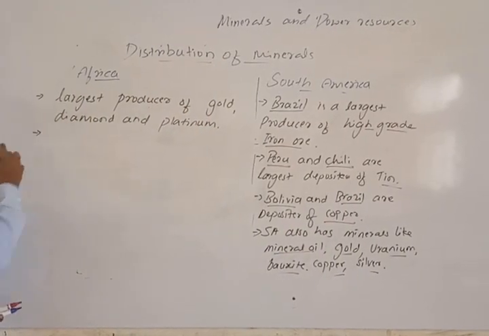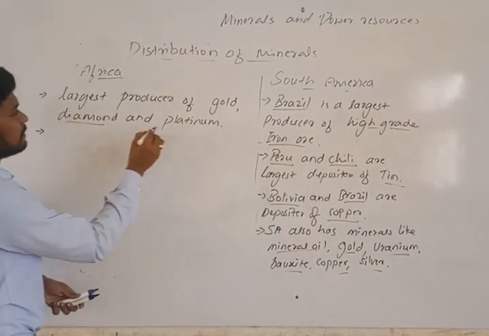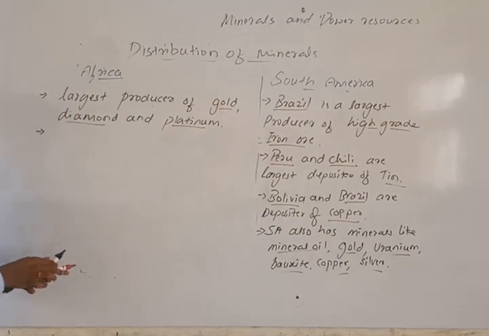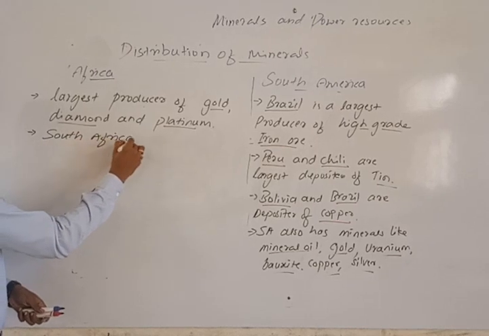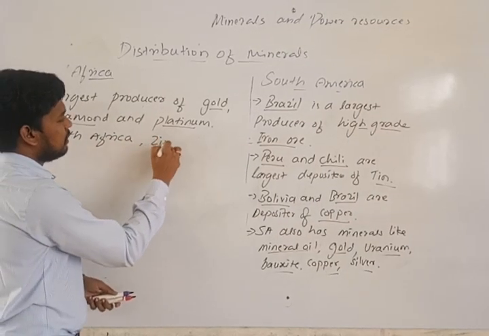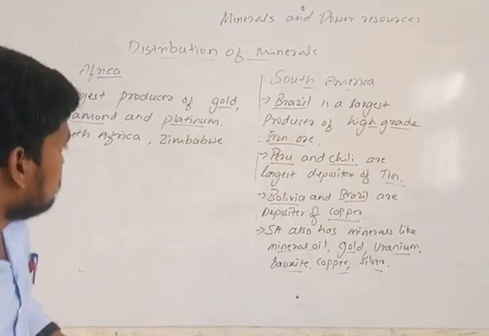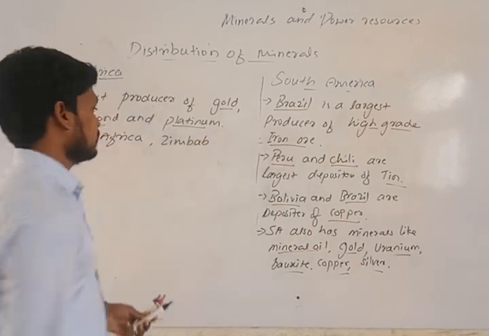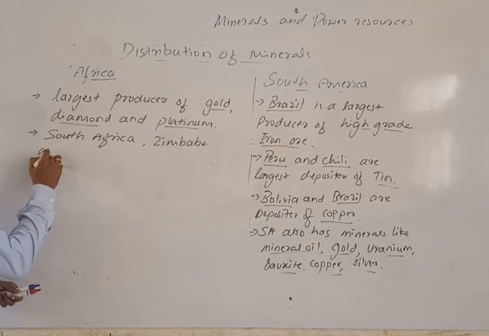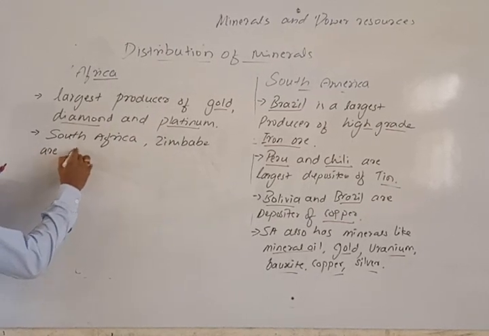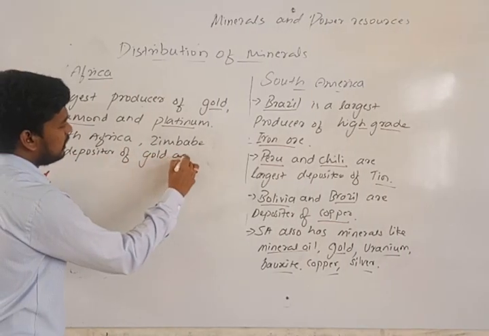So in Africa, the diamond is mainly found in South Africa and Zimbabwe, which are depositors of gold and diamond.